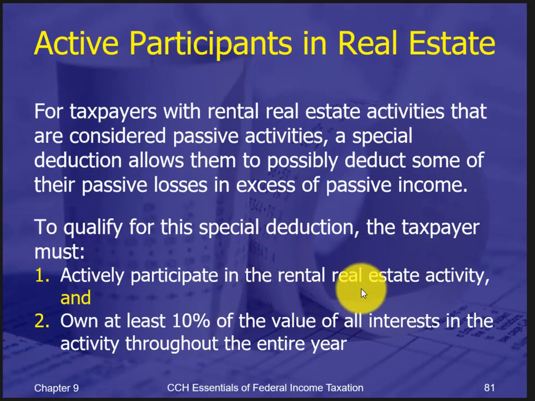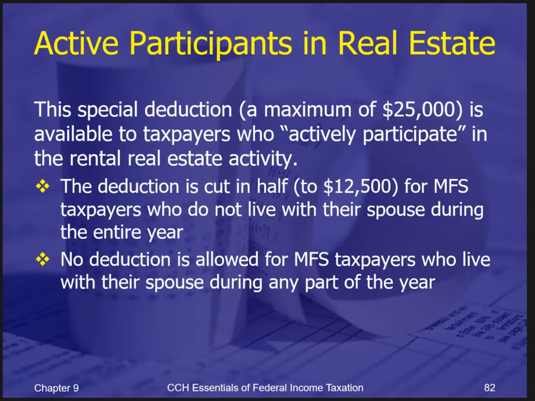The special deduction requires that you actively participate. Now, this is not making it an active activity. This is just actively participating and owning at least 10% of the rental real estate. Active participation just means you're making decisions about renters and stuff like that.